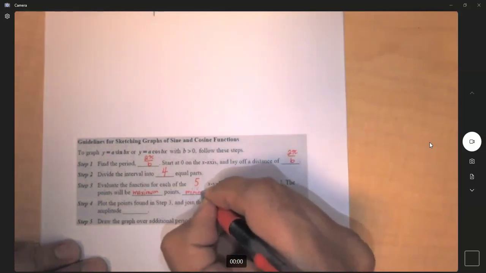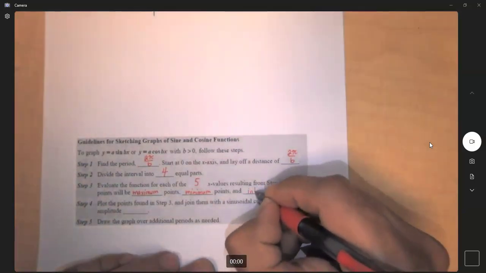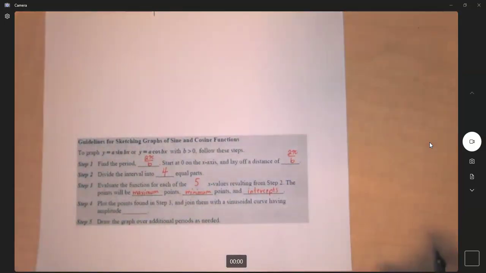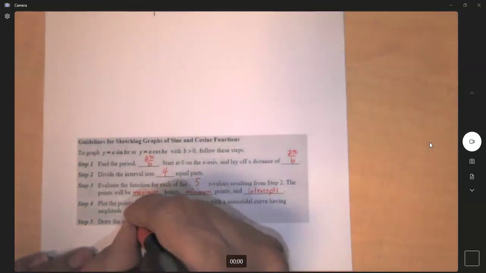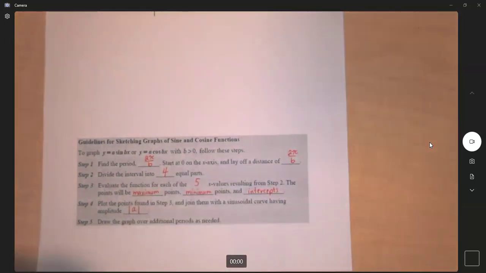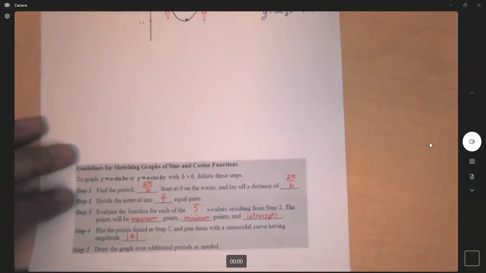So the 1s, the -1s, and the intercepts, which are zeros. You would then plot the points and join them with a sinusoidal curve having amplitude absolute value of A. If there's a value of A, that's the amplitude, but sometimes it might be negative, so let's use the absolute value. And then if you need to, you can draw the graph over additional periods, okay? But usually you just want to know what it looks like in a certain period.